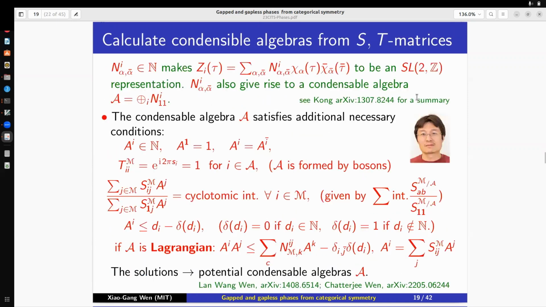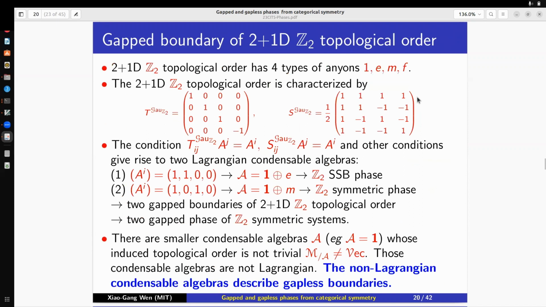However, the picture I'm describing here is that we are using a condensed algebra to construct a gapped boundary. What we really have is that the anions in the condensed algebra, because of these two conditions, should be bosons. This condition means that A should be an eigenvector with eigenvalue 1, so it can only be a boson.